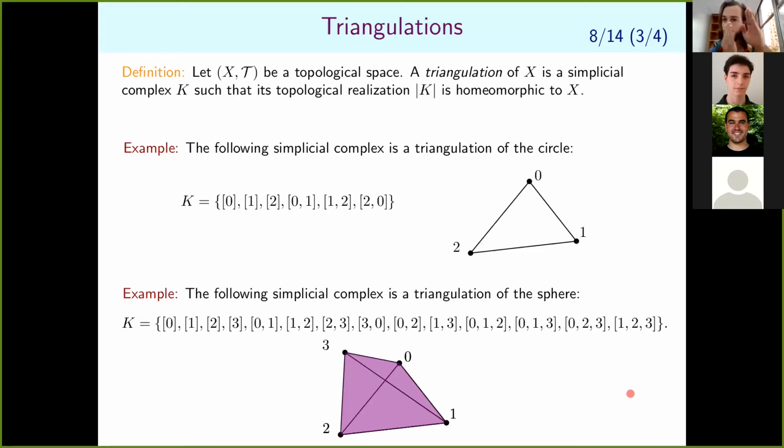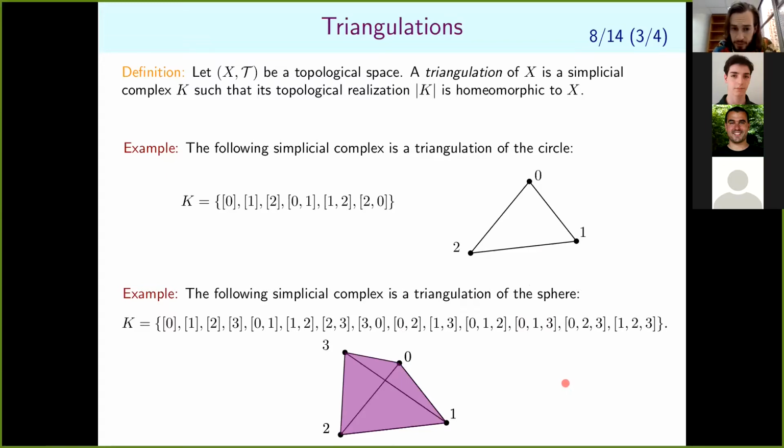I only have the faces, and this is homeomorphic to a sphere. So this simplicial complex, K, is a triangulation of the sphere. There is a facultative exercise in the notes where I ask you to find a triangulation of all the spheres of dimension n. It is really the same idea as these two examples.